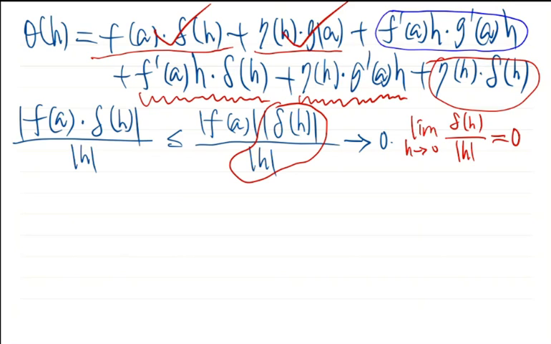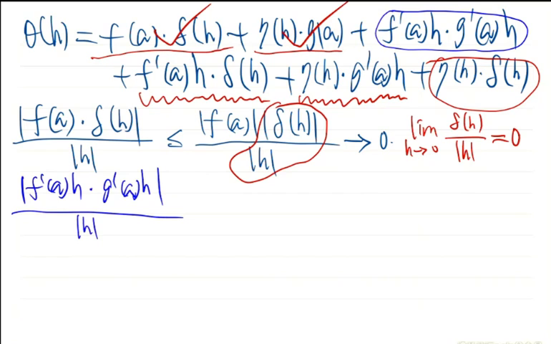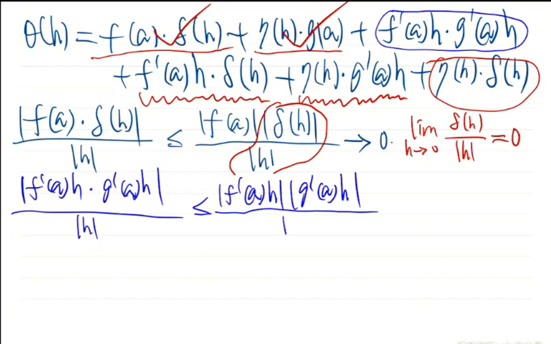For the third term, we consider f'(A)h inner product with g'(A)h. Then we apply the Cauchy-Schwarz inequality again. This is not greater than the norm of f'(A)h multiplied by the norm of g'(A)h, then divided by the norm of h.